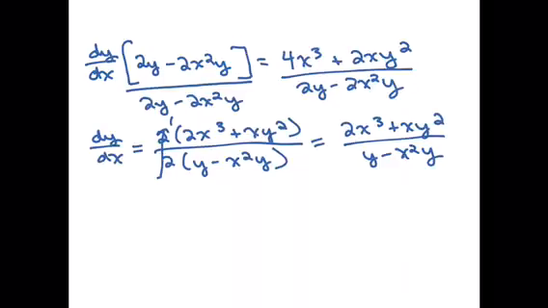So now to find our slope, we need to evaluate our derivative at our point, square root of 2 over 2, square root of 2 over 2.